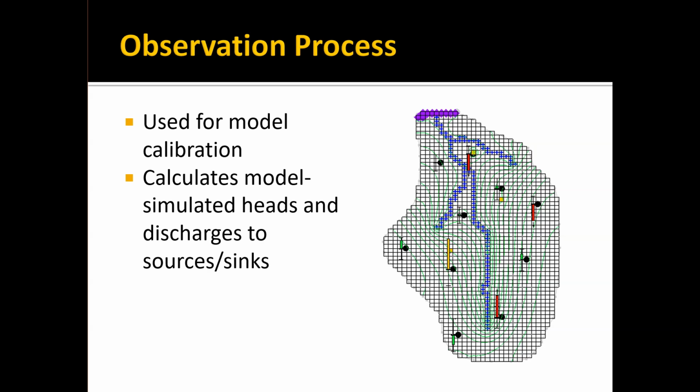And then the observation process will calculate model simulated heads and flows at these locations and compare them to what you've entered from field observed values, and it will generate a very rich set of statistics to tell you how well calibrated your model is. So it's used to automate the model calibration process, and it can be really useful. So that summarizes the main processes. Again, we have the global process, the groundwater flow process, and the observation process.